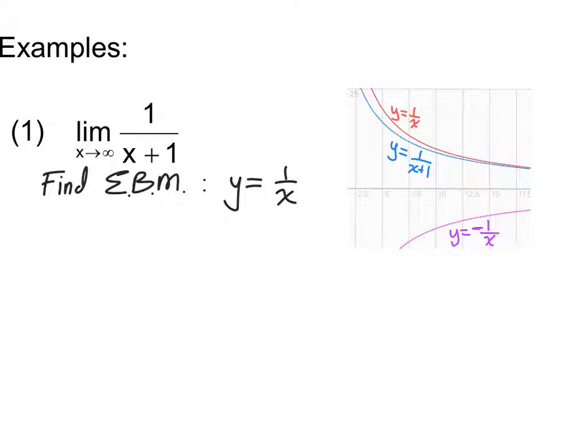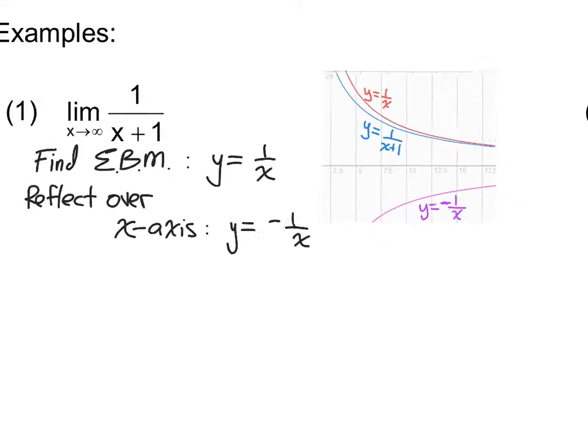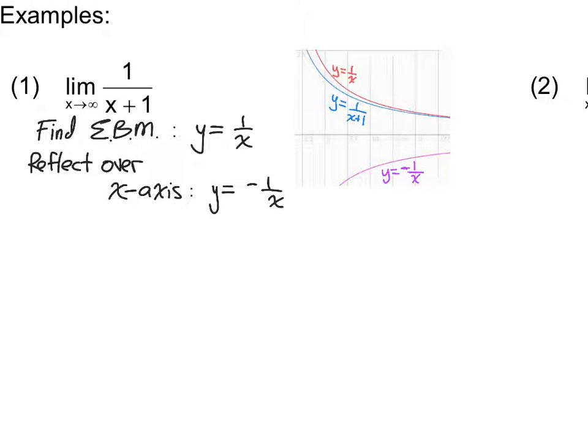And then you also want the negation of the end behavior model, so reflect over the x-axis. That is the function, or the set of functions, that your original 1 over x plus 1 will be trapped in between. So I'm going to create an inequality.